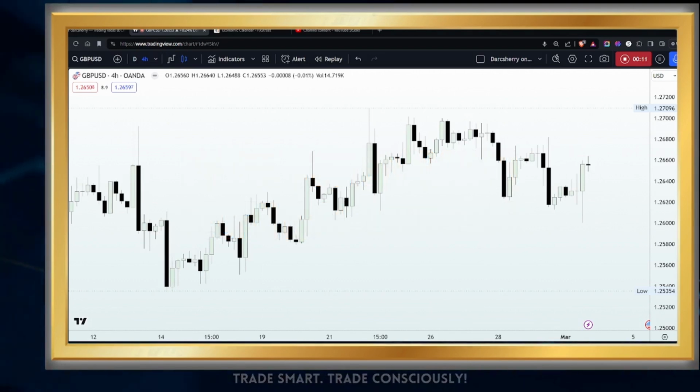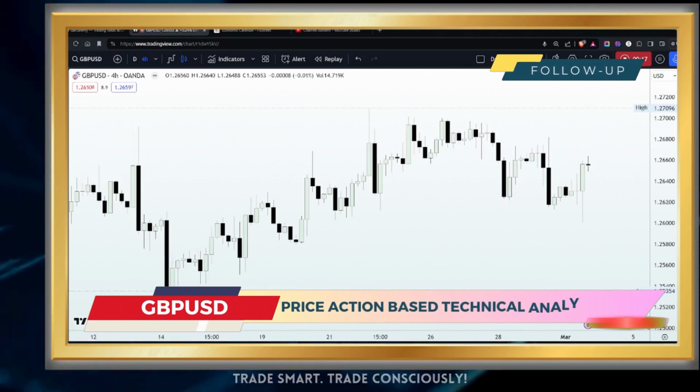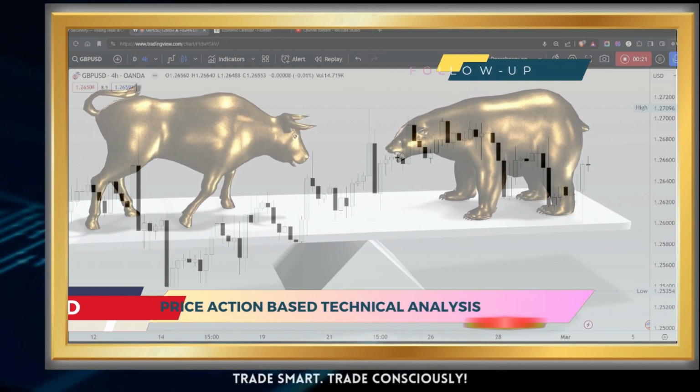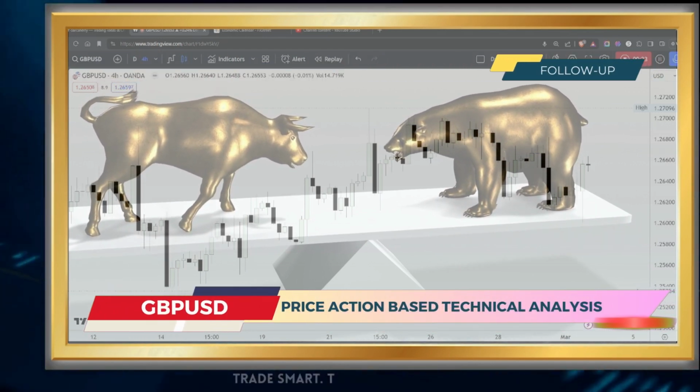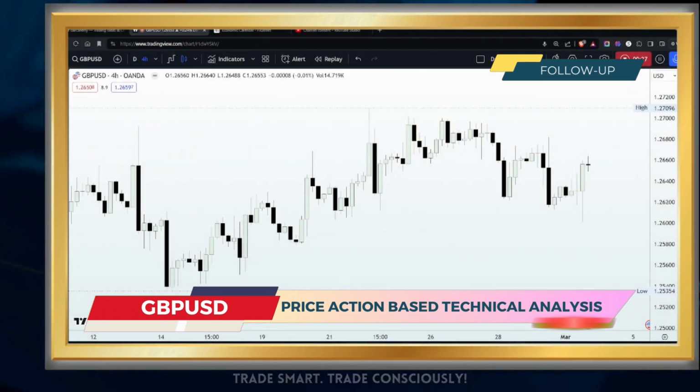In this episode, we will be conducting an examination and follow up on the GBPUSD chart, which exhibited a range bound movement in last week's trading session, underscoring the prevailing uncertainties in this market.